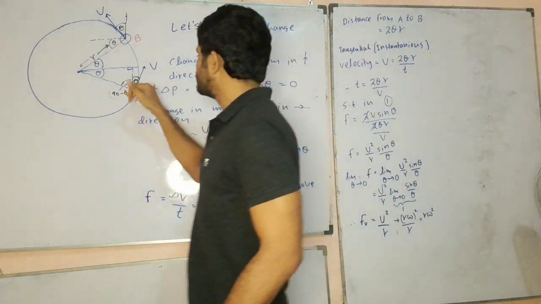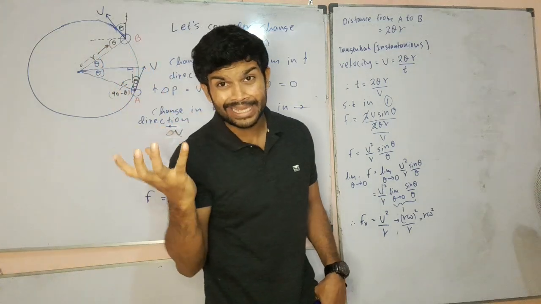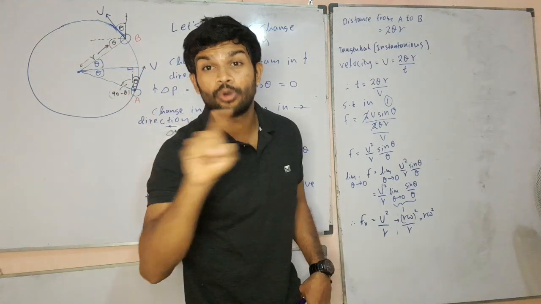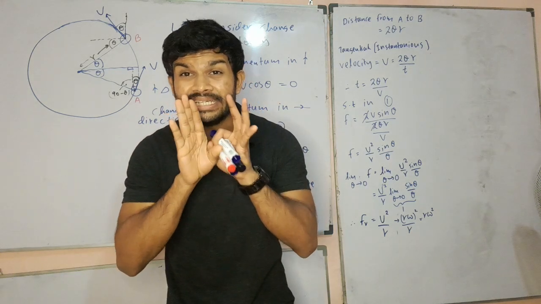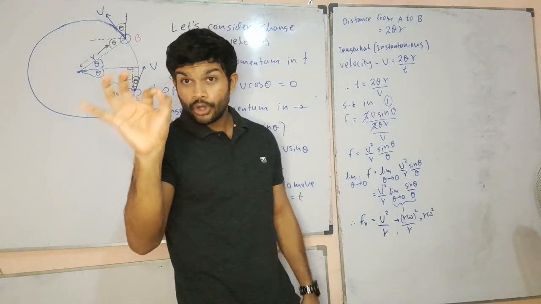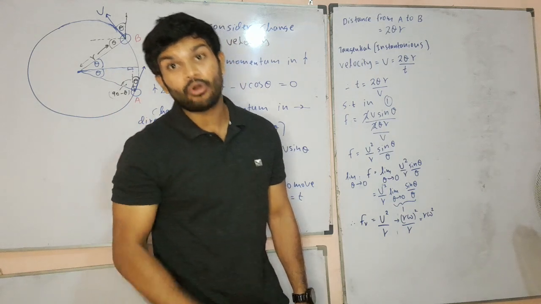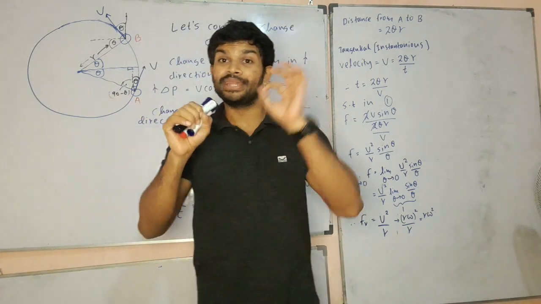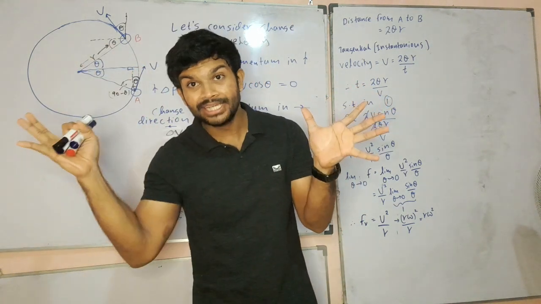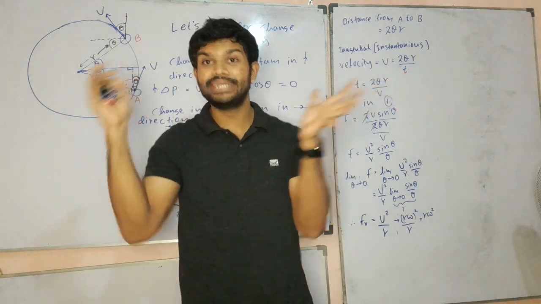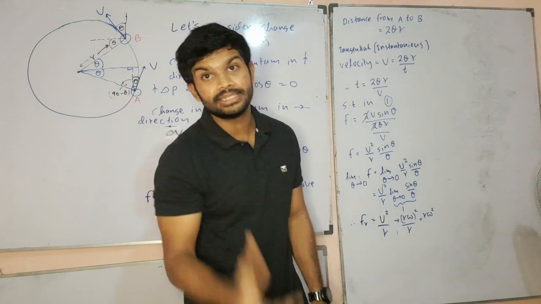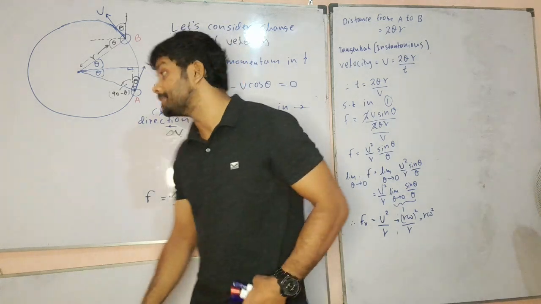The speed of this object being constant doesn't mean the velocity is constant. Why is that? We all know that velocity is a vector. It is not a scalar quantity, which means both the direction and the magnitude matter. Both of those things must be considered.